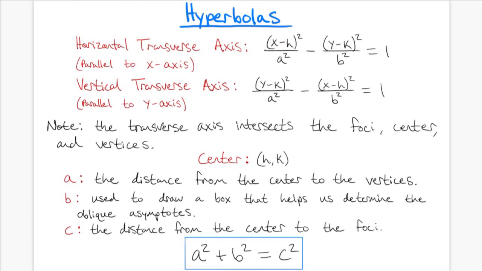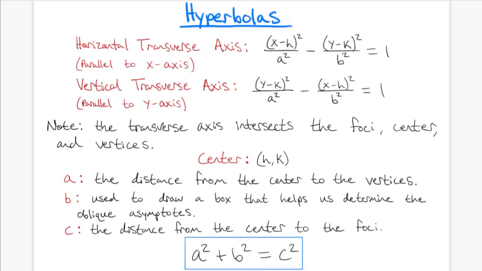So you can identify whether we have a horizontal or vertical transverse axis by just looking at the equation of a hyperbola, as long as it's in one of these forms, right? That's pretty useful because the transverse axis intersects the foci, center, and vertices. So all of these things lie on the transverse axis.